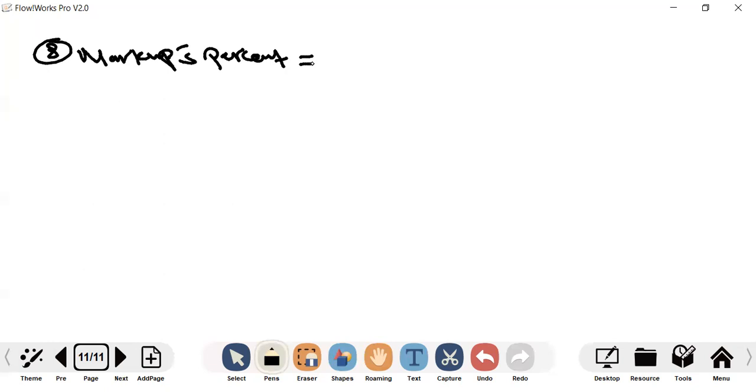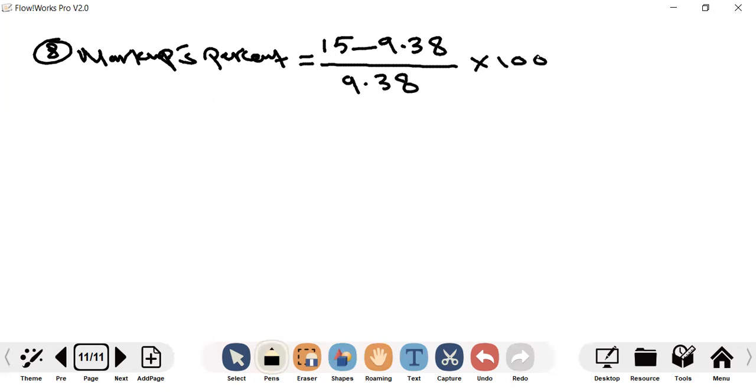How much is the selling price? 15 minus the wholesale cost 9.38, divided by the wholesale cost, all multiplied by 100. Got it? In the calculator, you subtract, then divide, then multiply by 100. The answer will be 59 point something.